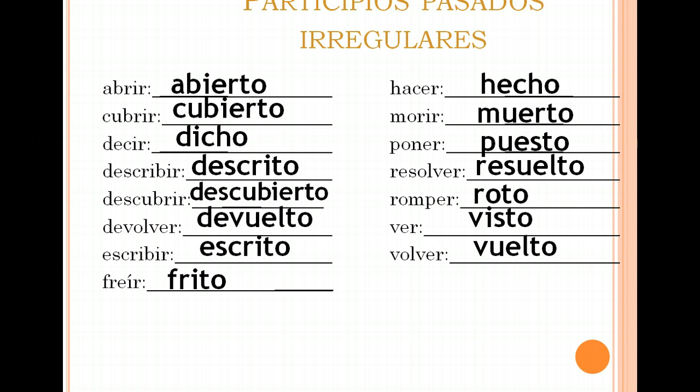So you'll notice that even if a prefix is added, the irregular will still be the same. So volver is vuelto, and devolver is devuelto. Escribir is escrito, describir is descrito. So instead of using the ado, ido formula for these verbs, we would just use this word. These are the irregulars.